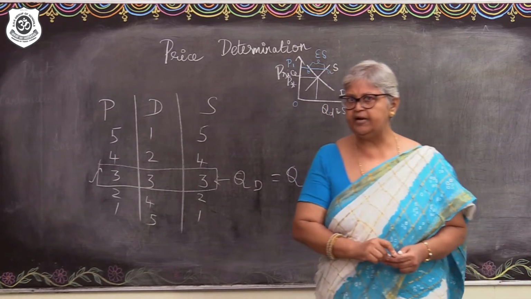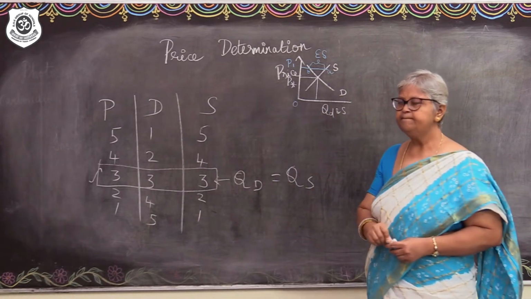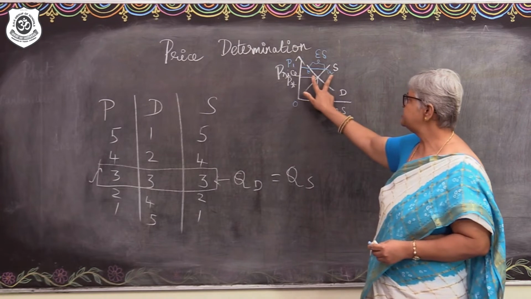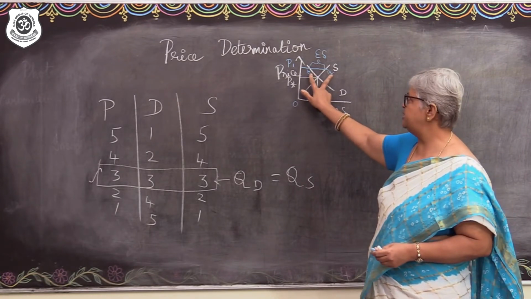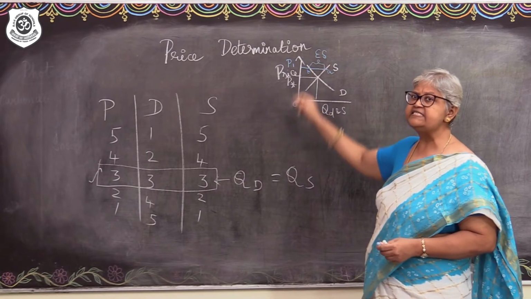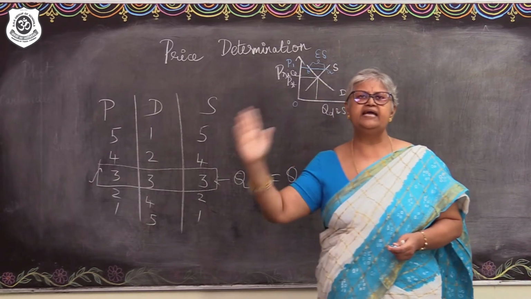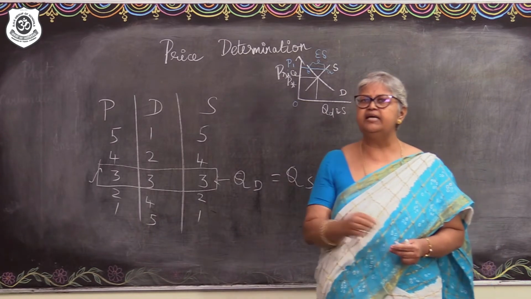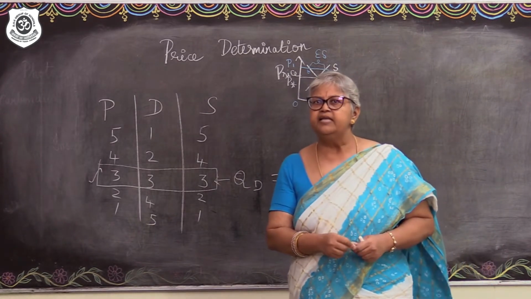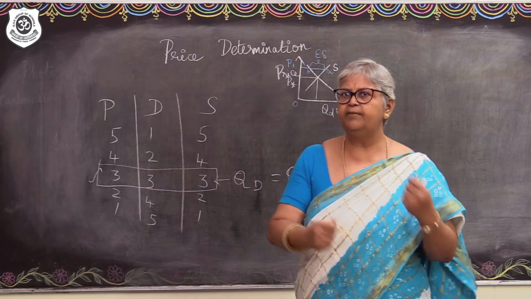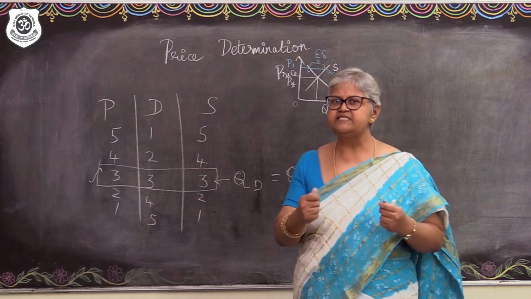At price P1, we understand that to an extent of AB, there is an excess supply in the market. When there is going to be an excess supply in the market, then there is going to be competition among the suppliers.